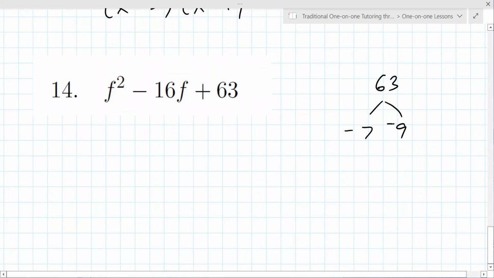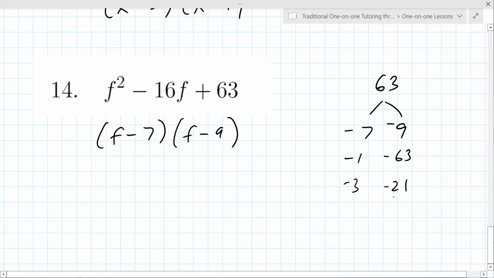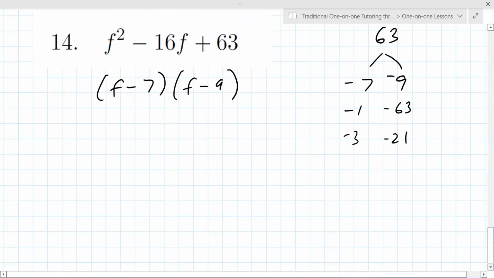That's fine. So it's -7 and -9. So it becomes f minus 7, f minus 9. If I was on a test, I would just do it like adding it, but I don't have a lot of time.